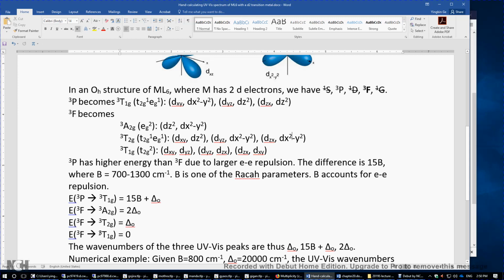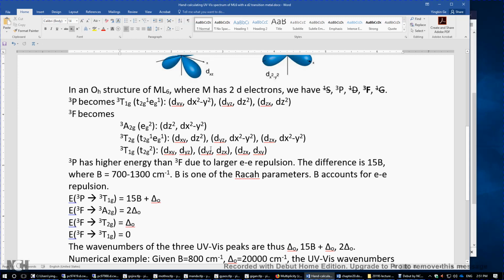Finally, you have 3T1G. Its relative energy is 0, only because you can tell the 2 electrons both occupy the T2G orbitals. So it's either XY and YZ, YZ and ZX, or ZX and XY. In each of the 3 cases, there's no delta O, so 0 delta O. And also, if you look at these 2 orbitals, they are perpendicular to each other.